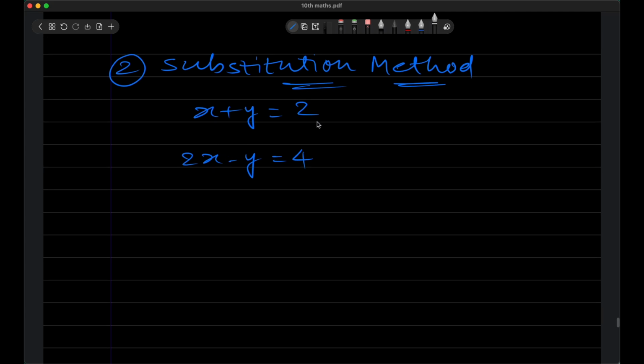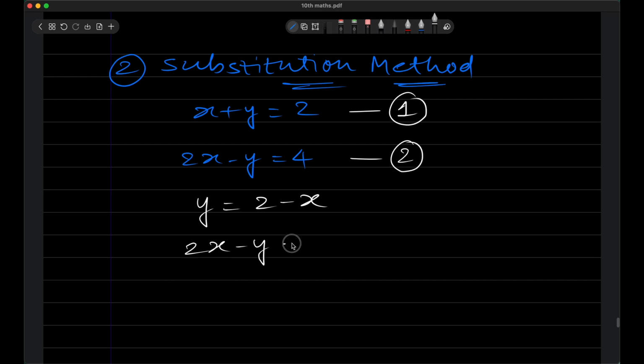We express any one of the variables, x or y, from one equation and put the value of that variable in the other equation. Let us express y from the first equation. We have y equals 2 minus x, and we will put the value of y in the second equation.